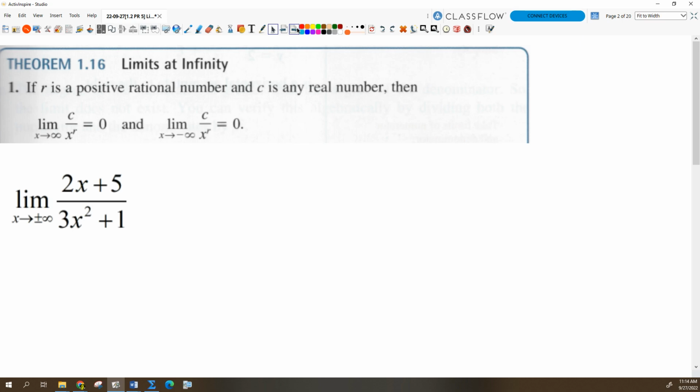I could factor. What could I factor out maybe of both of those? I'd like to take advantage of this theorem if I could. Any ideas? Go ahead.